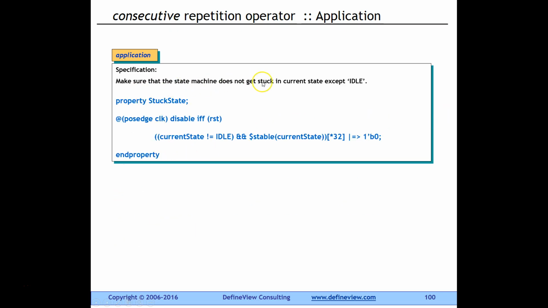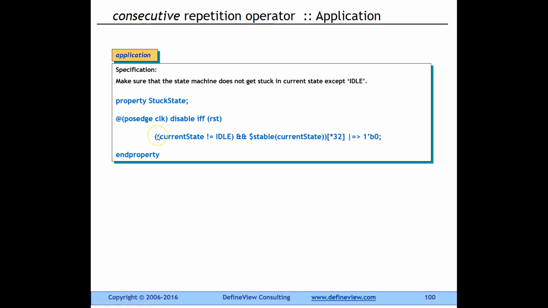Here the antecedent is that if the state is idle, everything is okay. If the state is not idle, then the state machine should not get stuck. So here's the antecedent, which is pretty much the whole spec. If the current state is not idle and $stable, that means the current state remains whatever it is for 32 clocks consecutively.